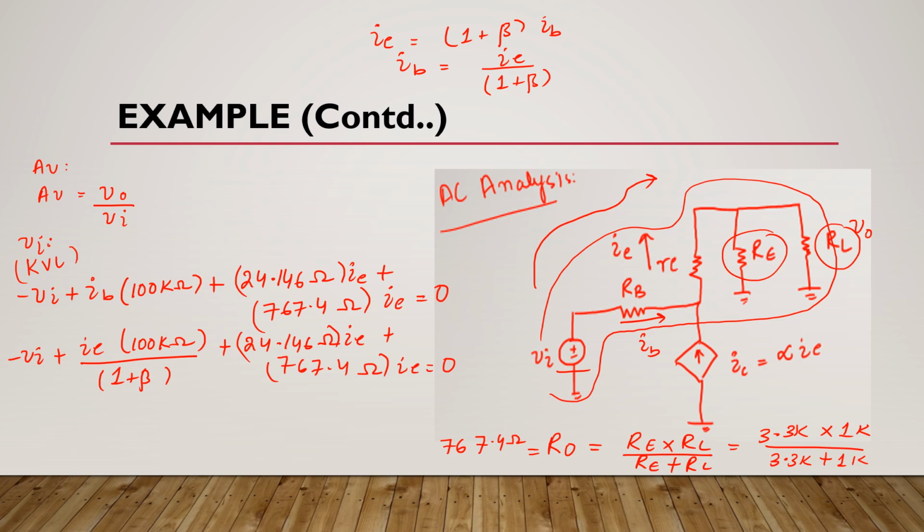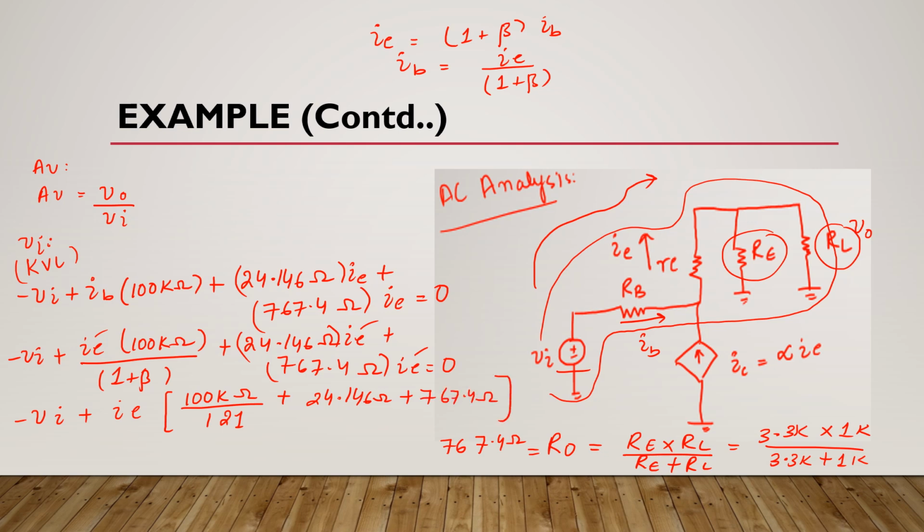Now IE is common in all three terms. So now we have minus VI plus IE, and here in bracket we will write 100 kilo ohms divided by 121, because we know that beta is 120 here, plus 24.146 ohms plus 767.4 ohms.